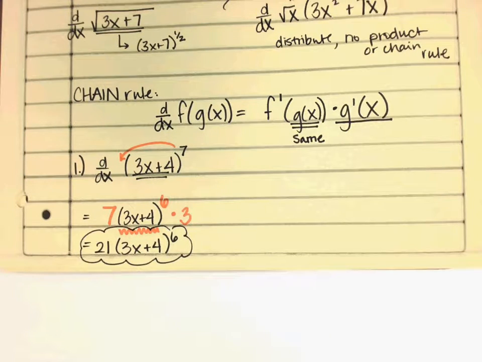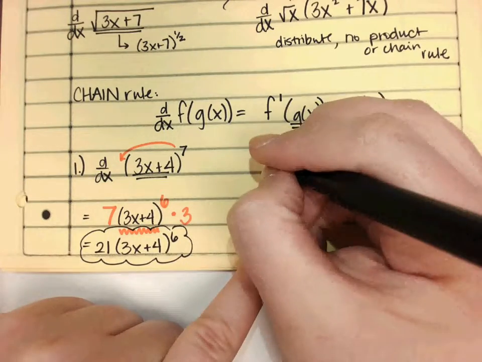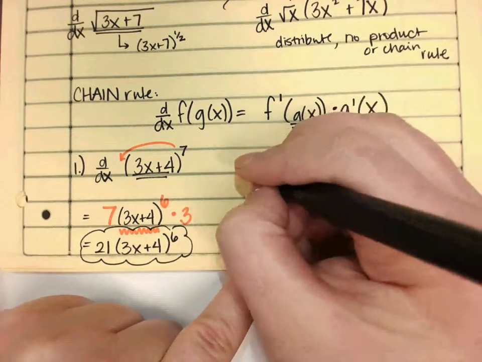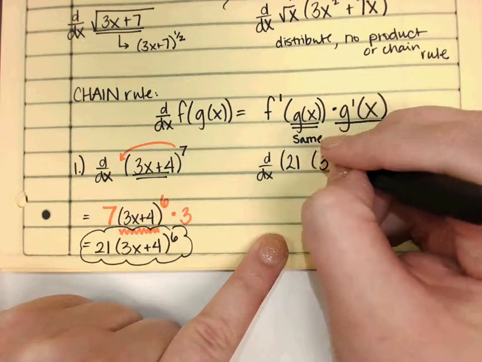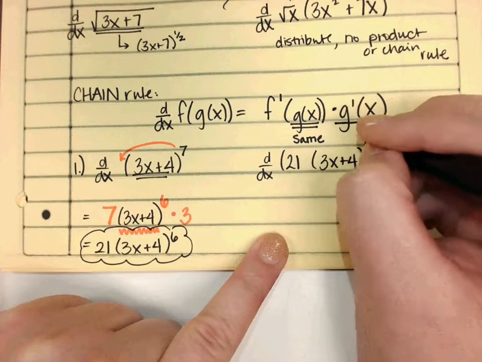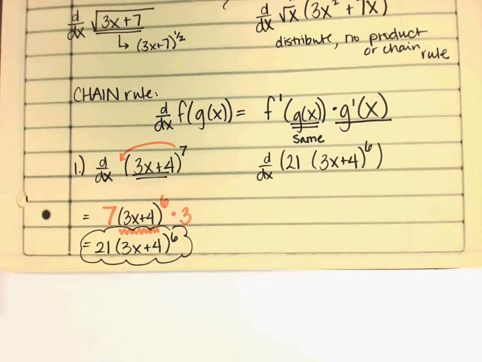Yes. Now, we're going to take the second derivative. Are you ready? Okay, let's do one more and see if it helps. So that's the first derivative. Now we're going to take the second derivative of 21 times 3x plus 4 to the 6th. Okay, so first step, my middle stays the same.